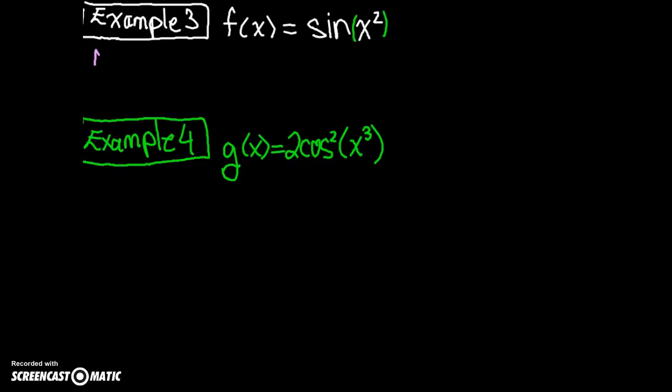And so, the derivative of this function here is the derivative of sine x squared, and now the inside function is x squared. That's the function we're going to leave alone. So we're taking the derivative with respect to x squared and leaving it alone.